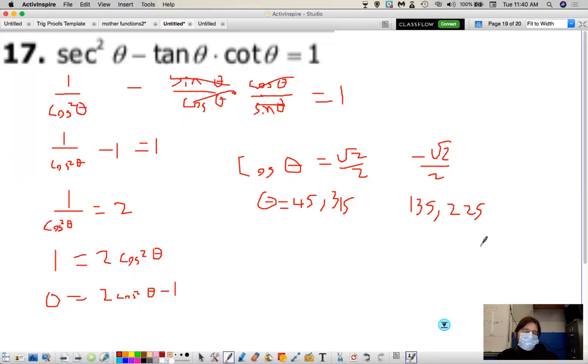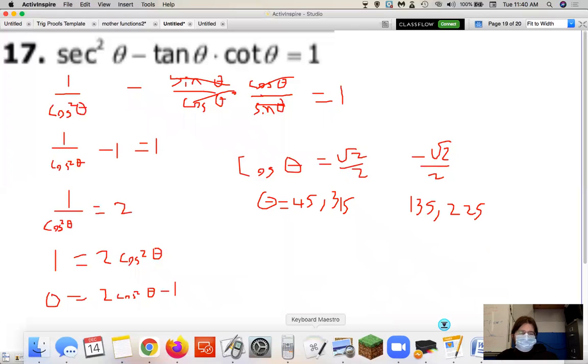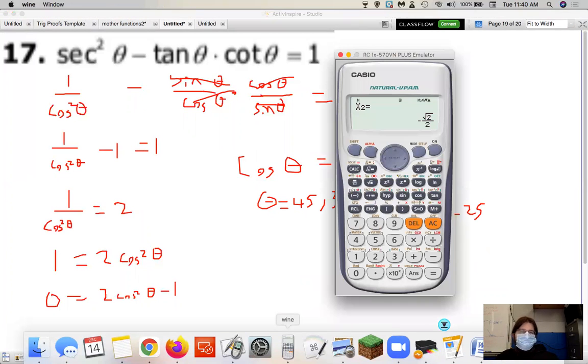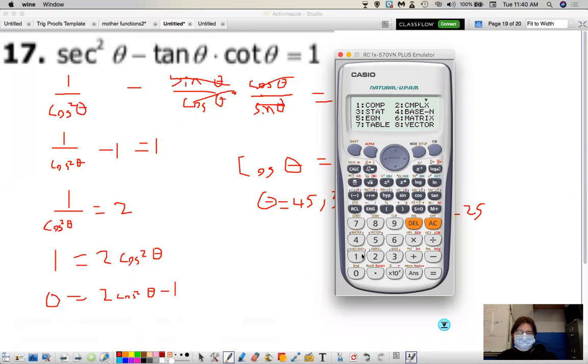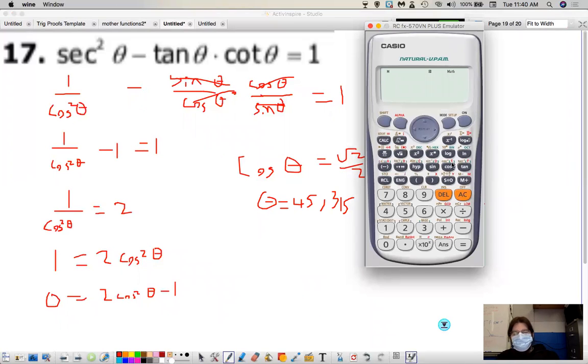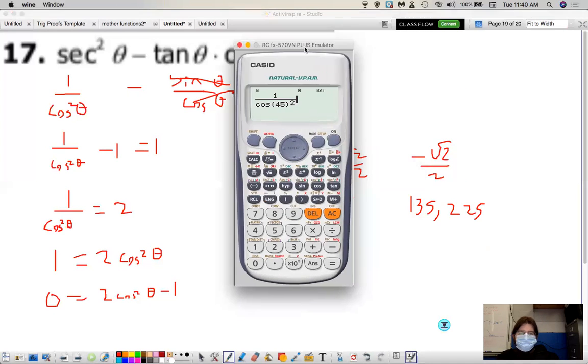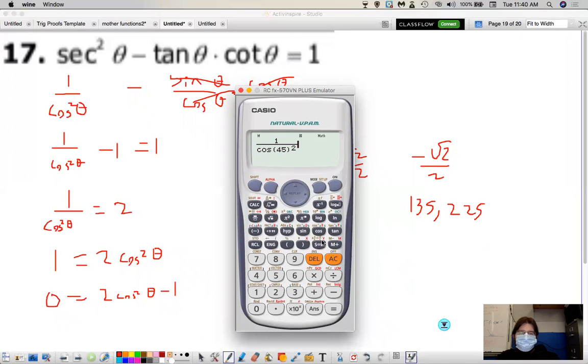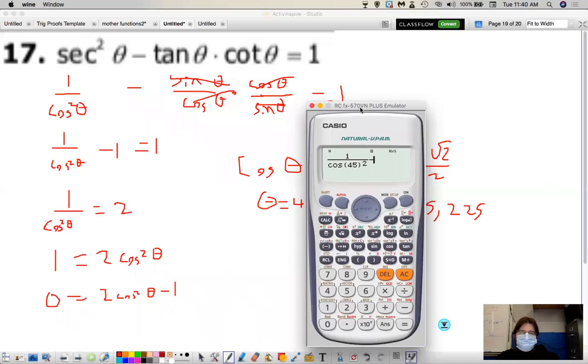Let's just check one in the calculator just to see how we type it in there, since there's no secant or cotangent buttons. I guess we'll just do the 45. What is secant? Secant is 1 over cosine. We're going to type it in the original.